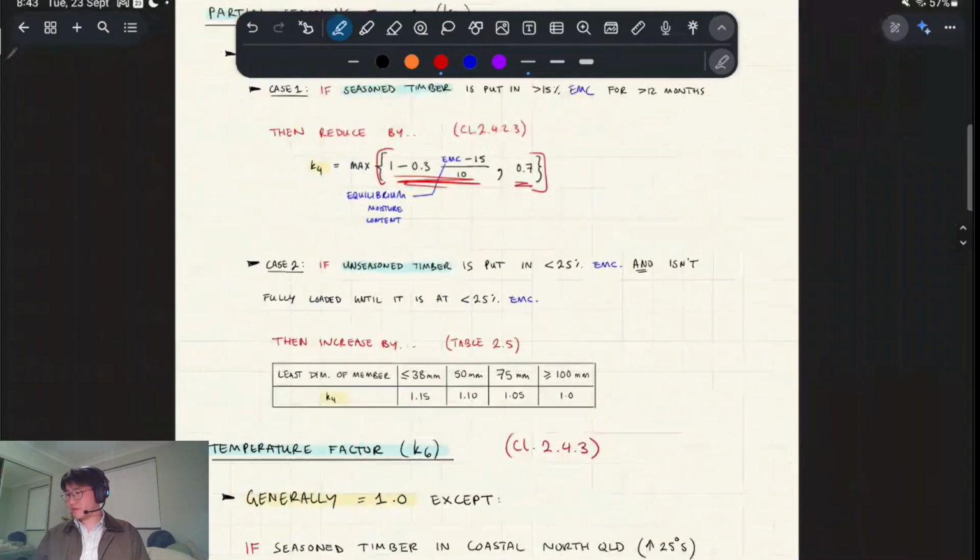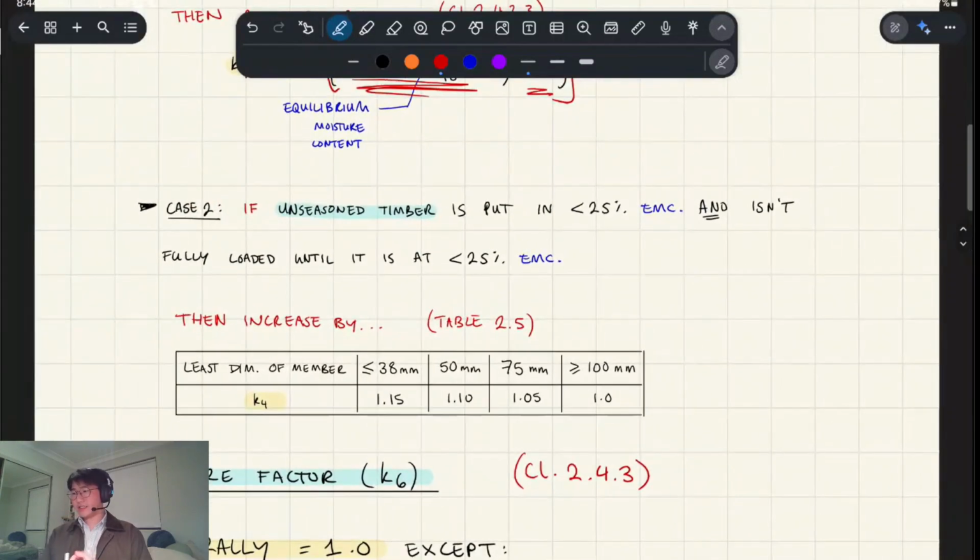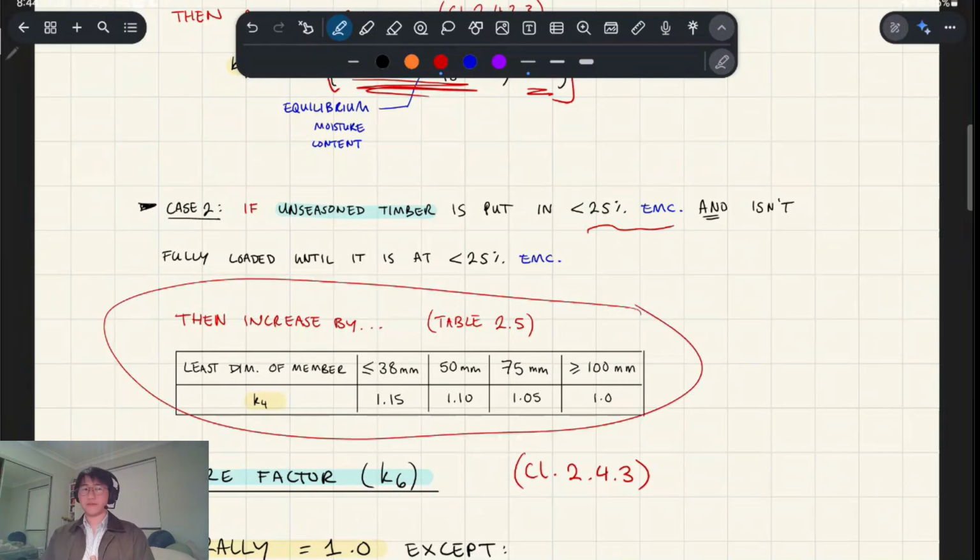Scenario 2 is when you have unseasoned timber and you put it in dry conditions, or drier, less than 25% equilibrium moisture content. And it isn't fully loaded until it is at less than 25% equilibrium moisture content. Then we can increase how strong it is. And then there's a rule of the least dimension of the member.